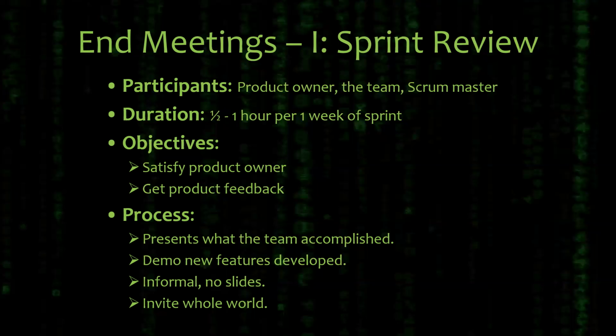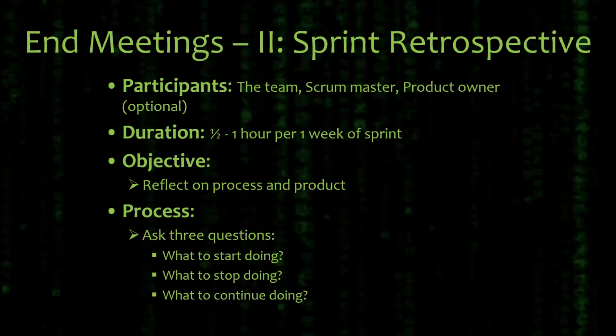It has to be informal, no slides or anything, there's no presentation. Just show, okay, this is what we have done, this is what we have implemented, this is what we have integrated, and all that. What do you say? So then you get the feedback. It should be a small meeting, and it will be followed by what we call a sprint retrospective. That is following the review. The product owner can be there or not, but the team and the scrum master will reflect on the process, right?